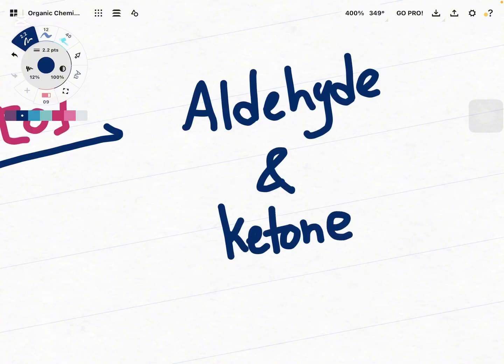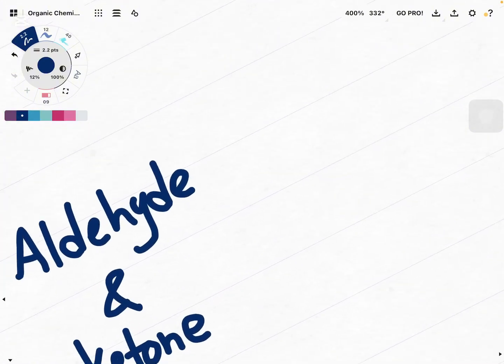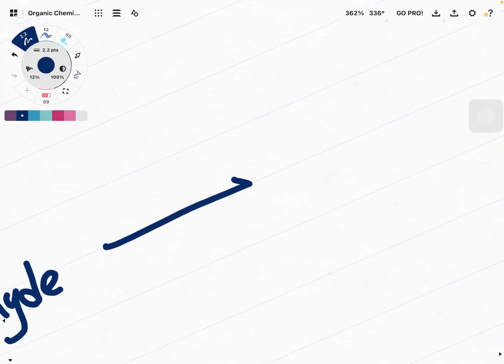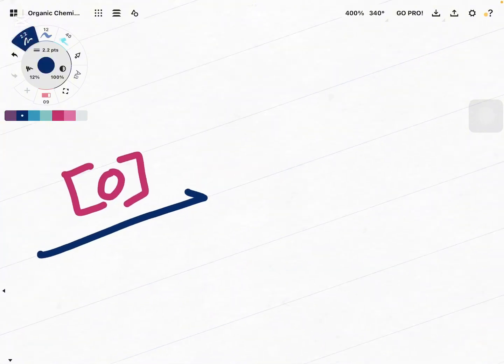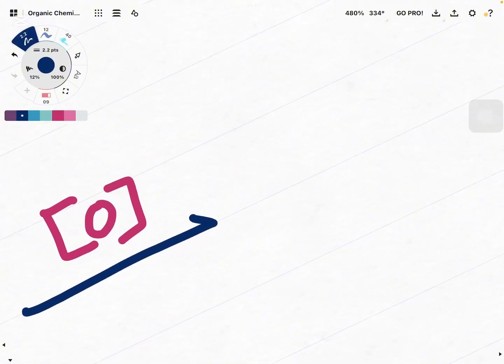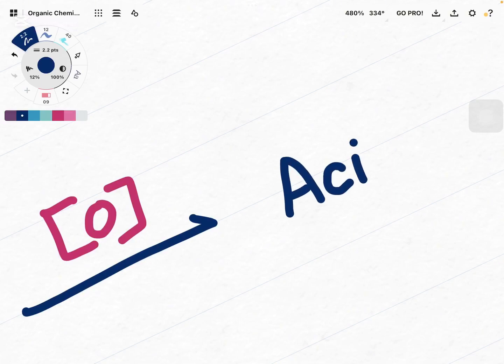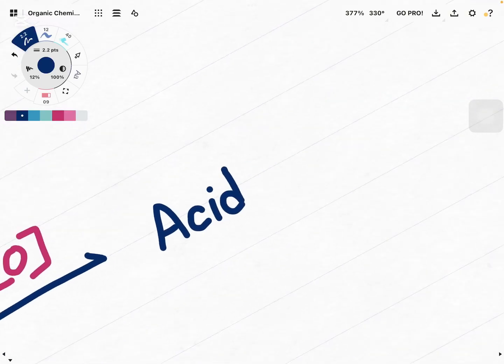Okay, so if we further oxidize it, we get our acids, and it will be organic acid.